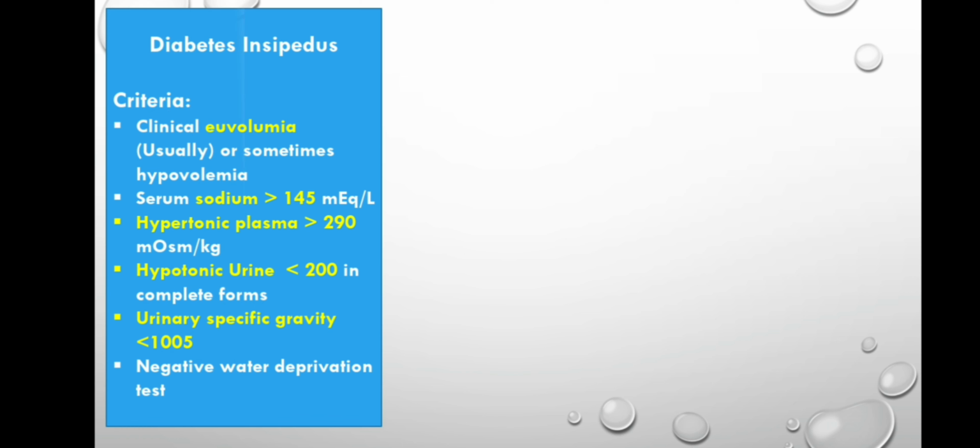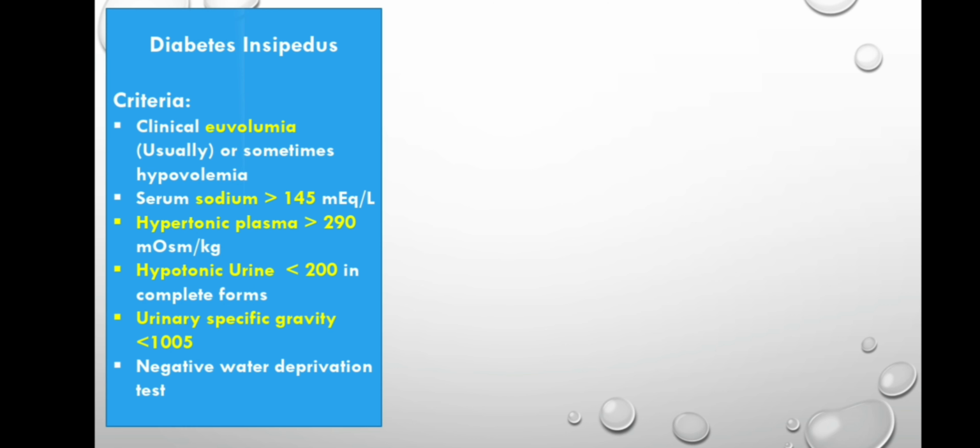Let's go to DI. What is diabetes insipidus? There are criteria of diabetes insipidus. I think we mentioned all. The patient is usually euvolemic, sometimes hypovolemic, hypernatremic with sodium 145, and there is hypotonic urine in the face of hypertonic plasma. It's very important. The patient is giving a very large amount of urine output with hypotonic urine.